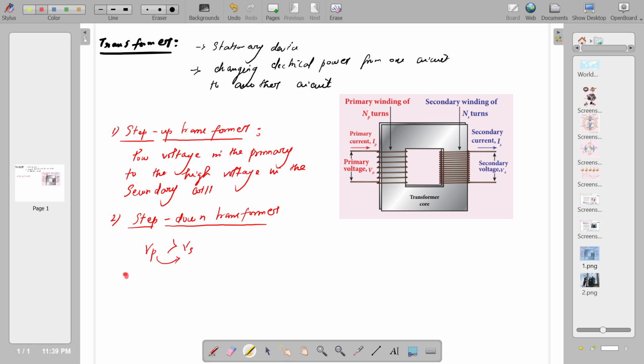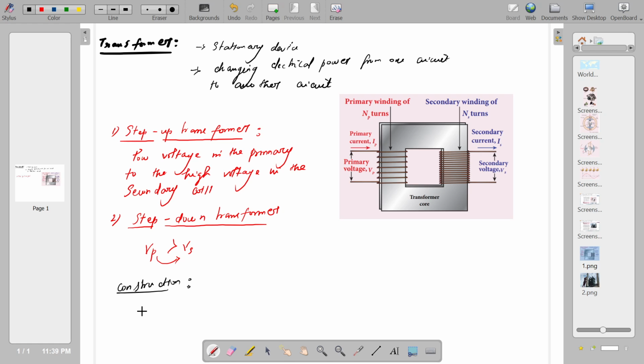So the next part is the construction and working of the transformer.